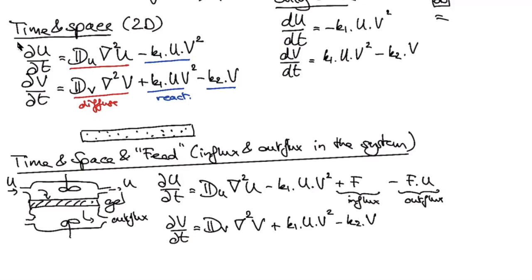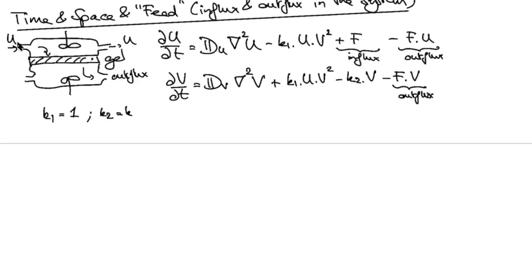And I just add another term, minus f times v, again the outflux. What people then do is make it all dimensionless. Let's say we set K1 to 1 and K2 we just call k.